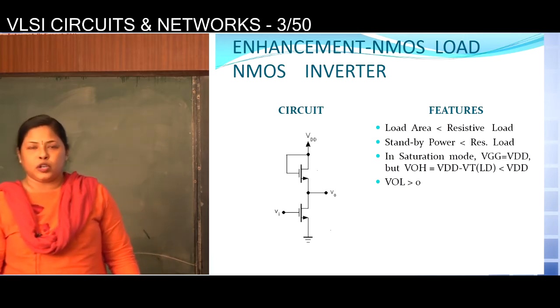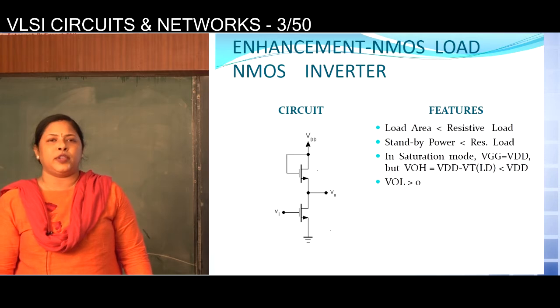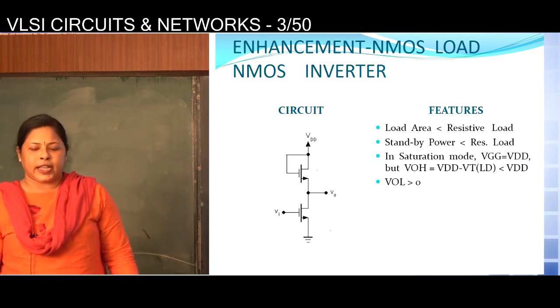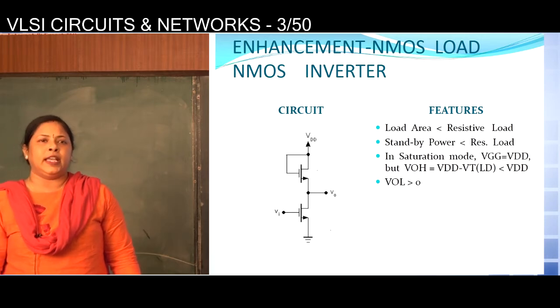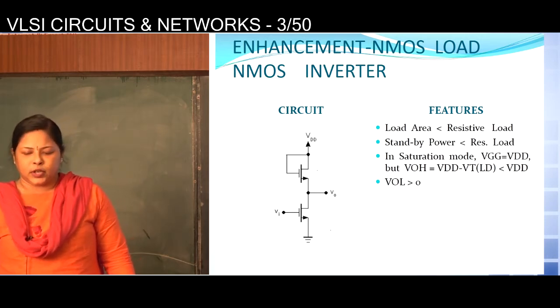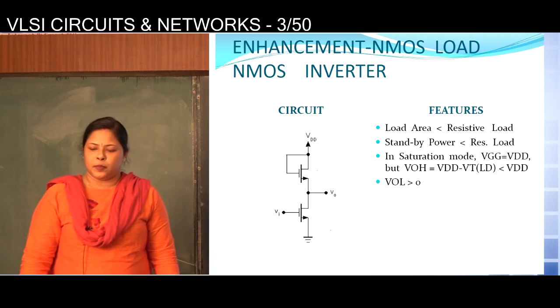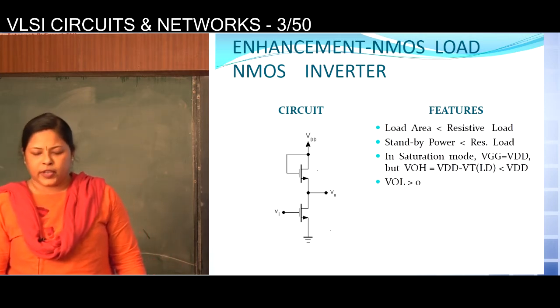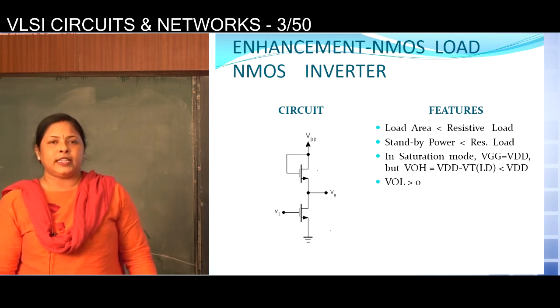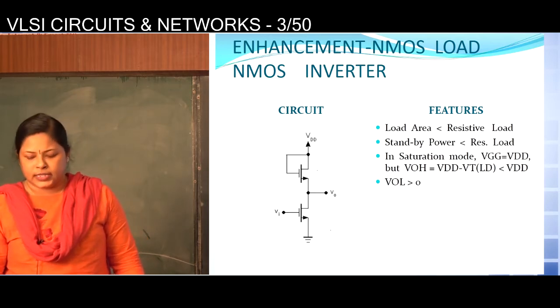So for designing the load we are using one MOSFET. That means it will reduce the space for fabrication compared to resistive load NMOS inverter. And in this case also the VOL will be more than 0, that is the only drawback of this circuit.